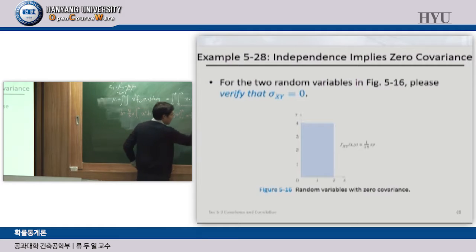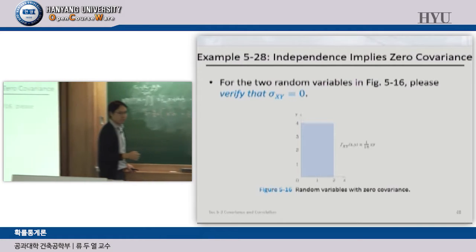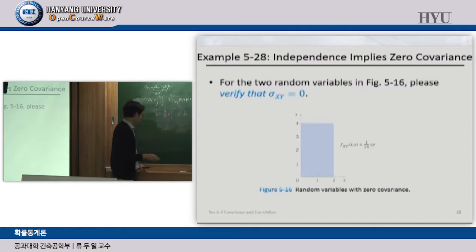So in here, 8 can be eliminated by dividing 16, and 2 is left. So that is equal to y over 6. So finally, the mu x is equal to the integration from 0 to 4 of y over 6 dy.